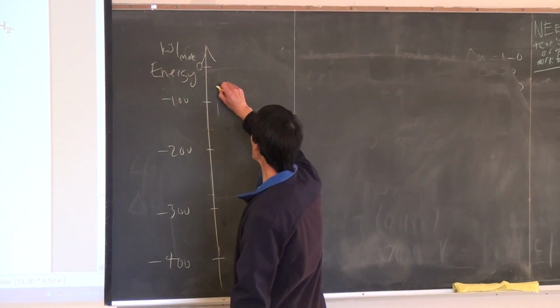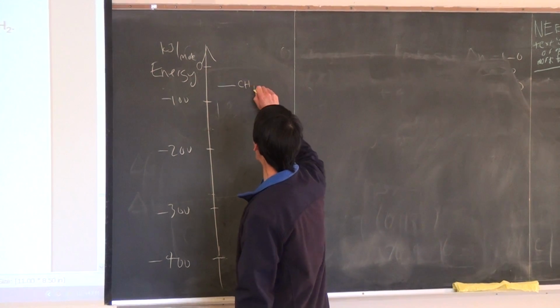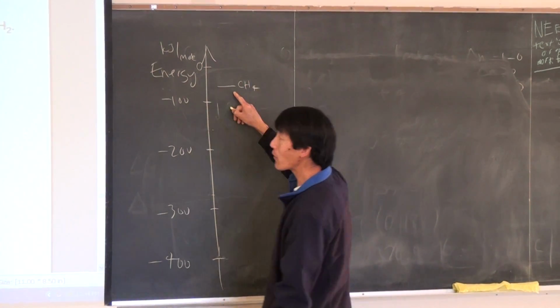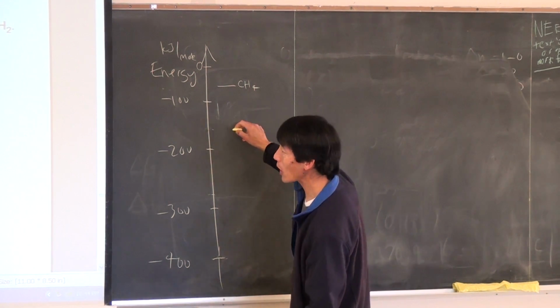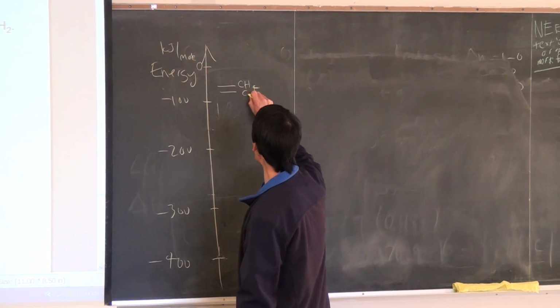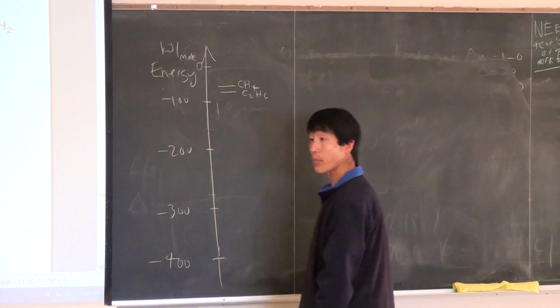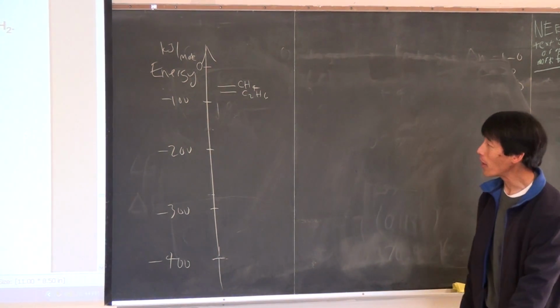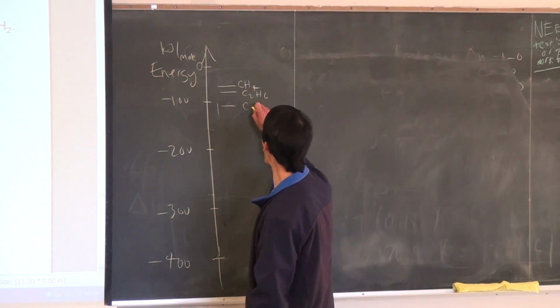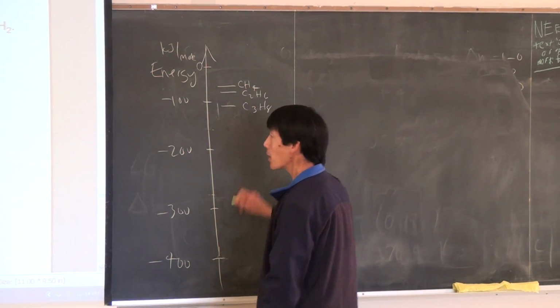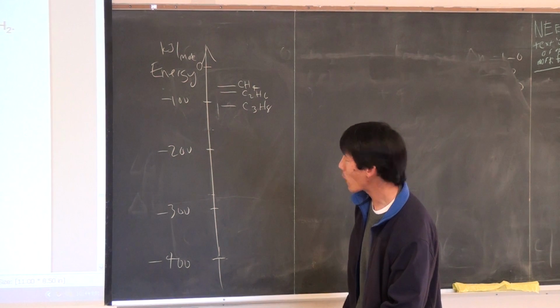So this is going to be CH4 at minus 74.8. Then C2H6 is going to be just under that. And then as we continue on, we have C3H8. And then let's see, C4H10.